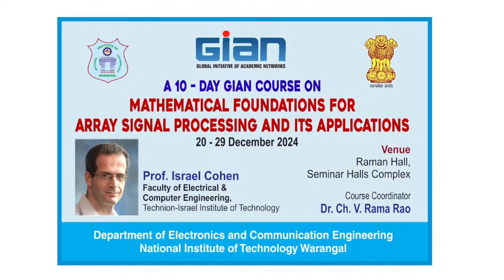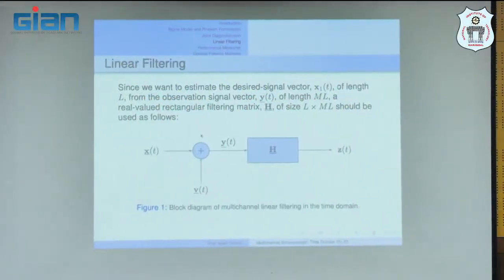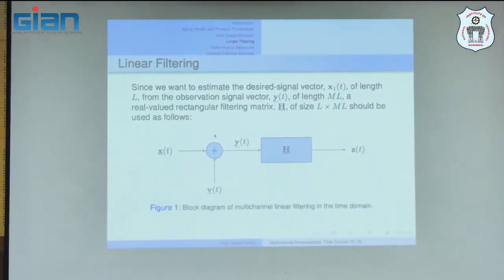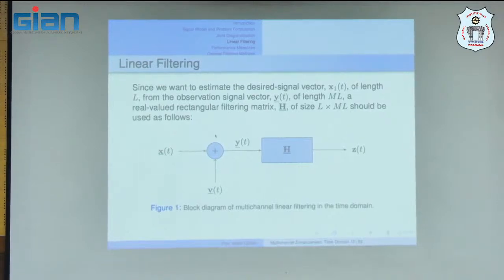So we define the problem of signal enhancement using multiple sensors by applying the filter matrix here. But if we work in the joint diagonalization domain, just like we sometimes work in the Fourier transform domain or the STFT domain, it's very useful.